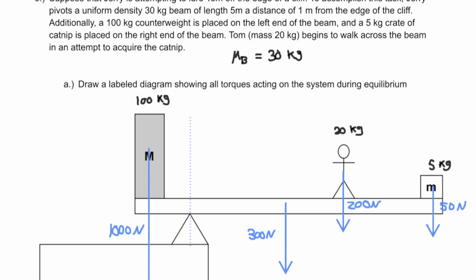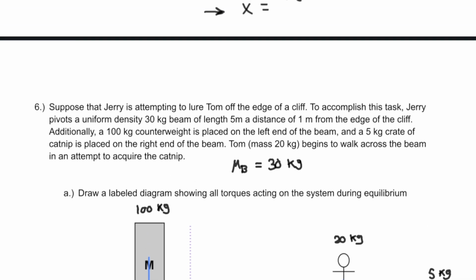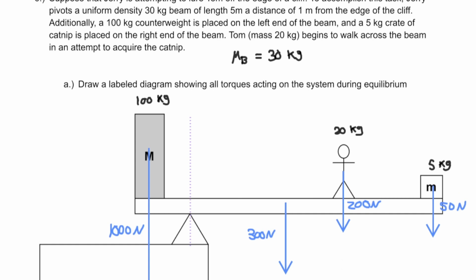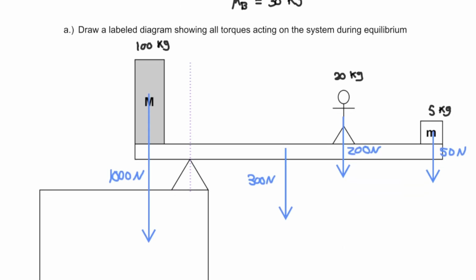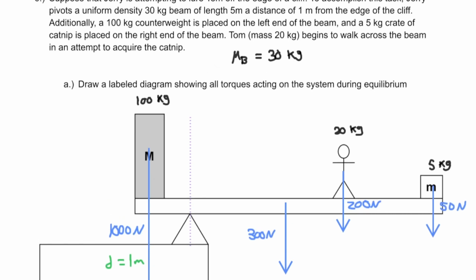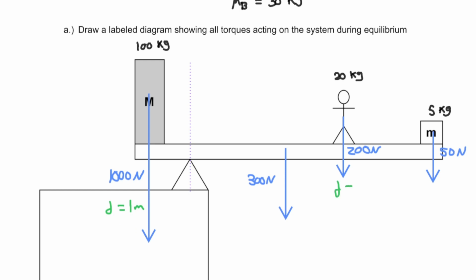So the first one's the easiest. We're given that the pivot is 1 meter away from the edge of a 5 meter long beam. So this is 1 meter. We'll come back to the center of mass. Tom, we have no idea how far away from the pivot he is, so we're just going to call his distance x. And the catnip is all the way on the right end of the beam, so it's going to be 4 meters.